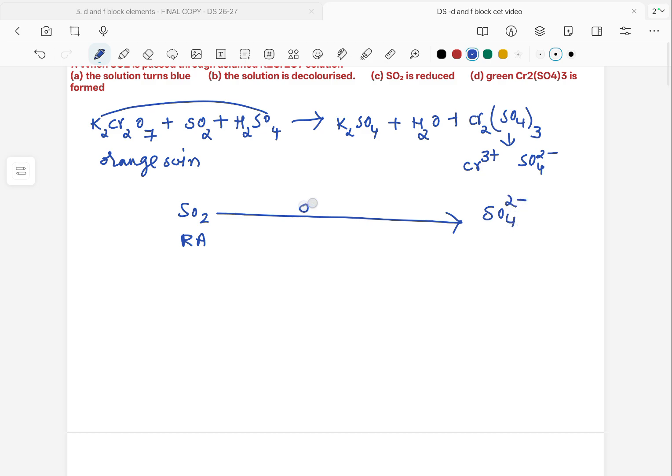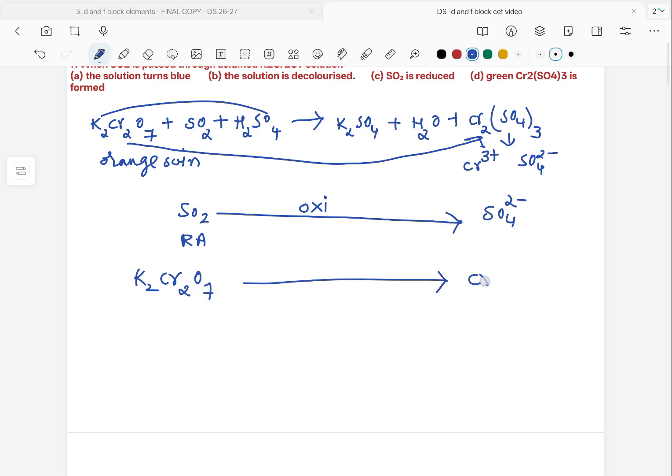When it is undergoing oxidation, the chromium in K2Cr2O7 will undergo reduction to Cr3 plus ion, where it exists in plus 6 oxidation state, and here plus 3, it undergoes reduction.